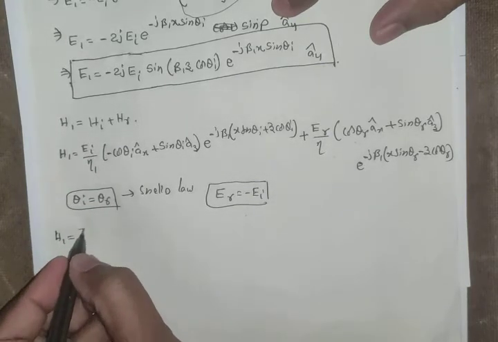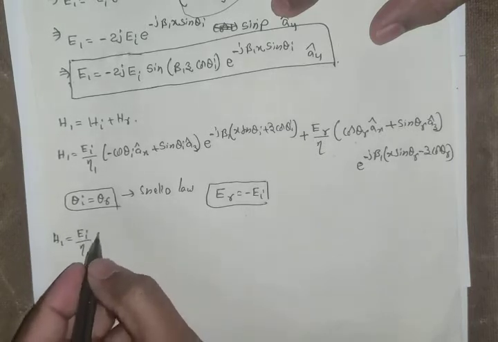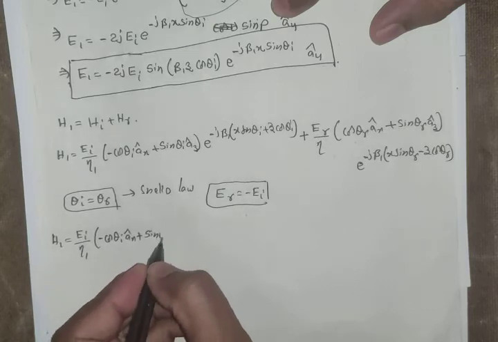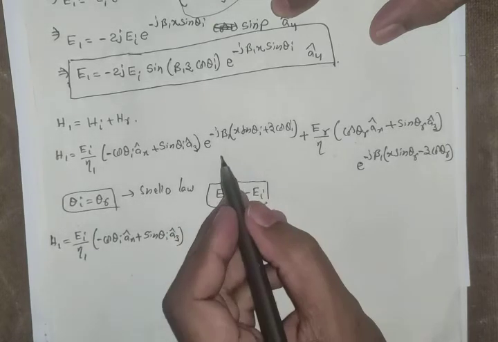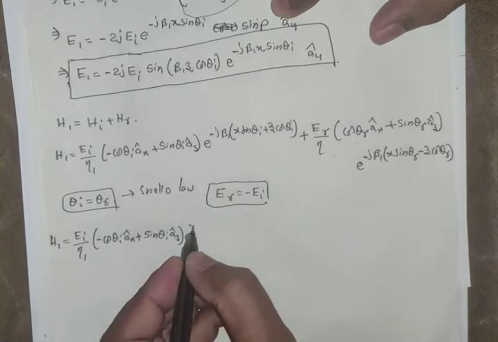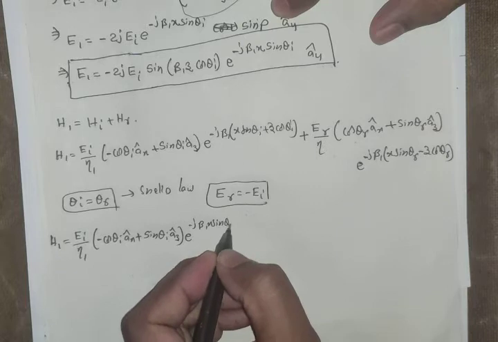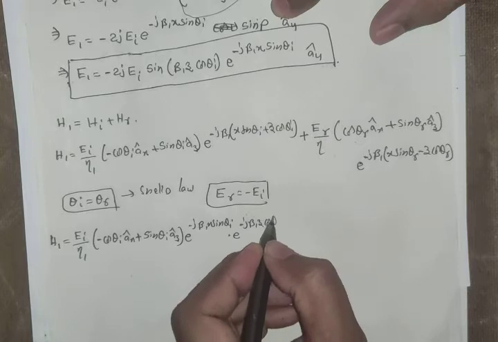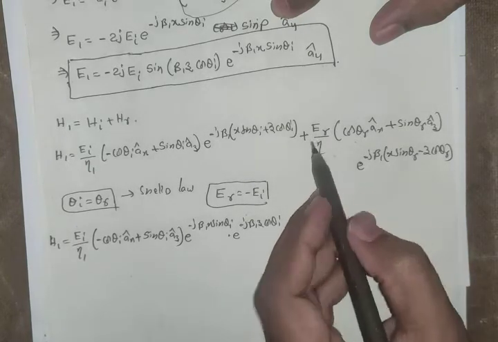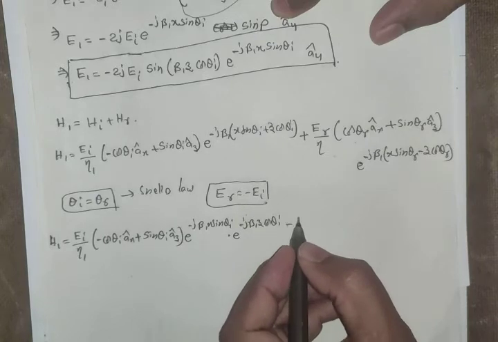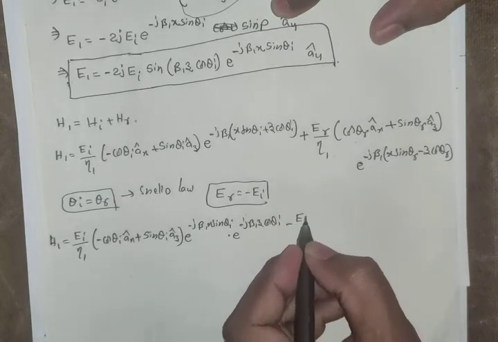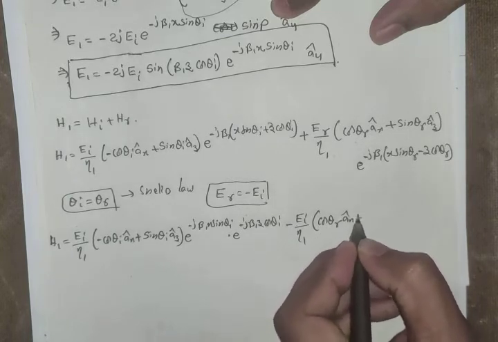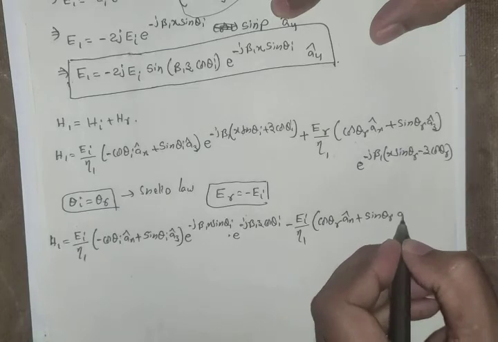Then the total magnetic field becomes Ei by eta 1 into minus cos theta I into ax cap plus sin theta I into az cap, into e to the power of minus j beta 1x sin theta I into e to the power of minus j beta 1z cos theta I. Here the value of Er is minus Ei, so this can be taken as minus Ei by eta 1 into cos theta r into ax cap plus sin theta r into az cap.